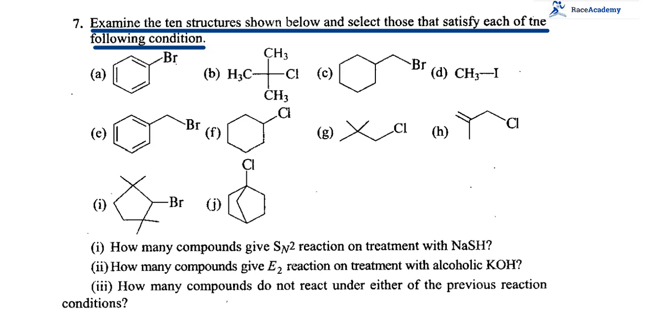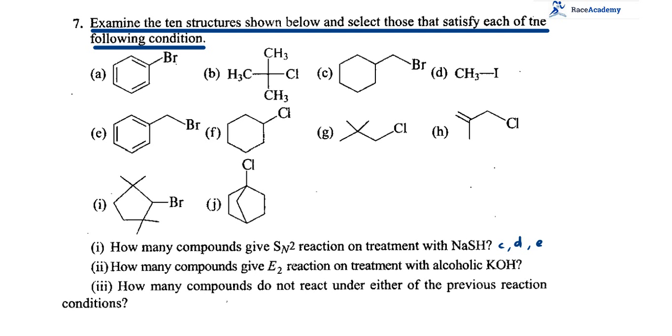So we can go with C, we can go with D. Not only that, we can also go with E, as this bromine is a good leaving group with the benzene ring, a benzyl group is there. So it is also considered.